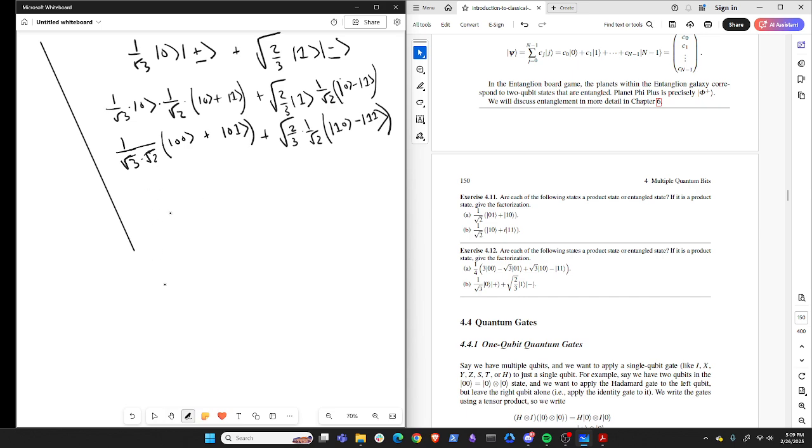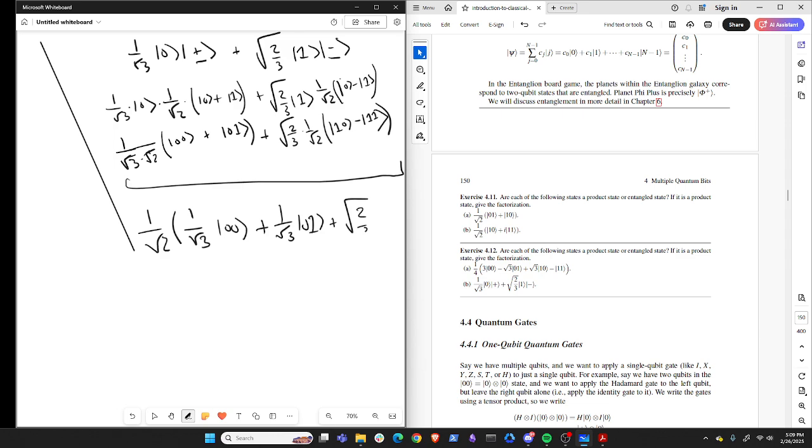Well, let's say that we can combine this into one big superposition of 1 over square root of 2 times 1 over square root of 3 |0,0⟩ plus 1 over square root of 3 |0,1⟩ plus square root of 2/3 |1,0⟩ minus, sorry, that is minus square root of 2/3 state |1,1⟩.